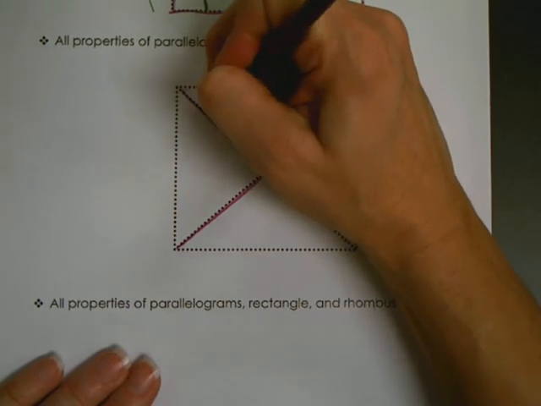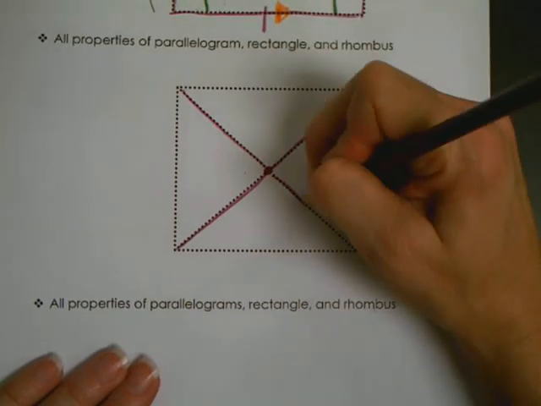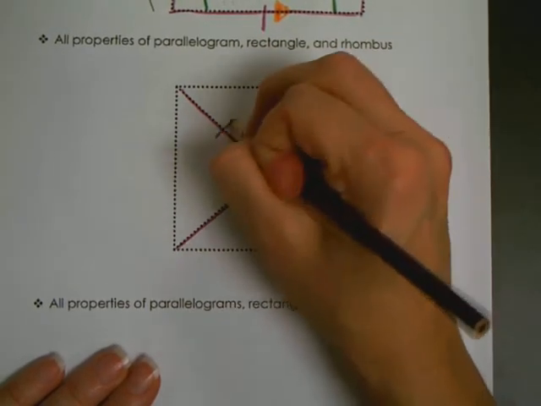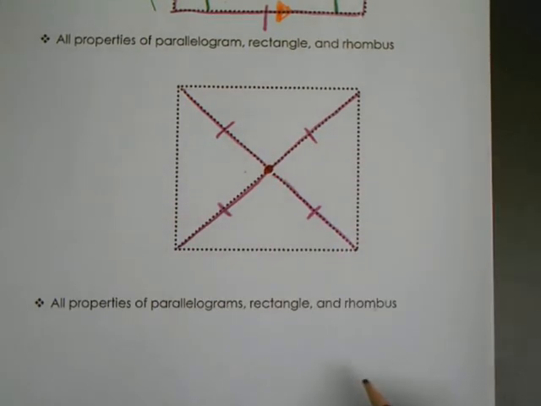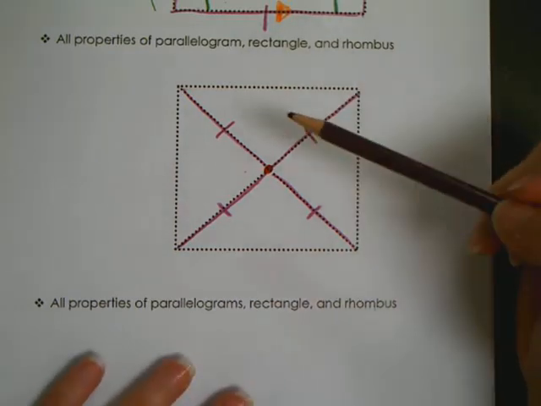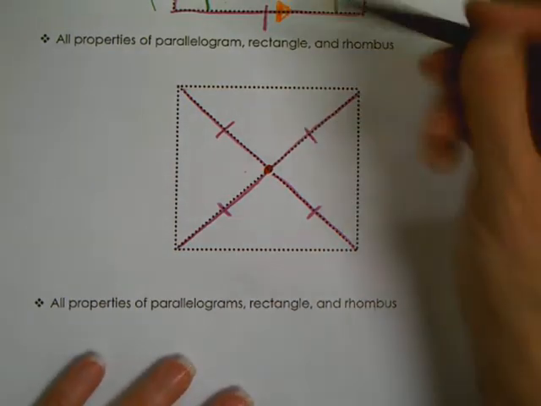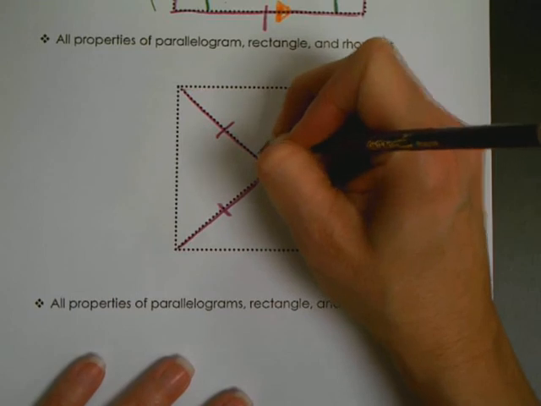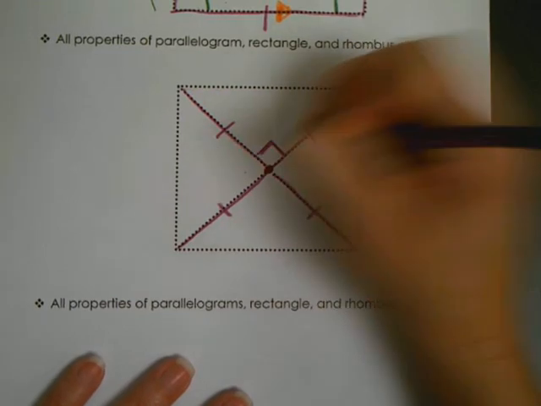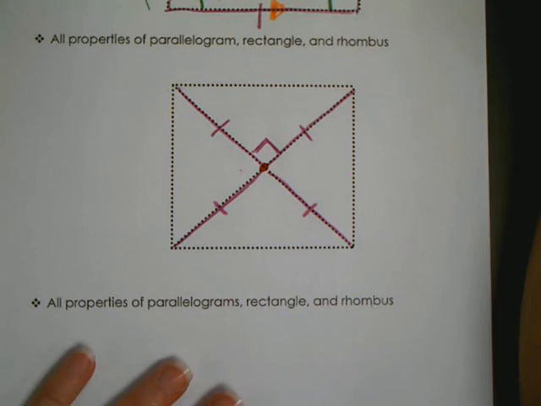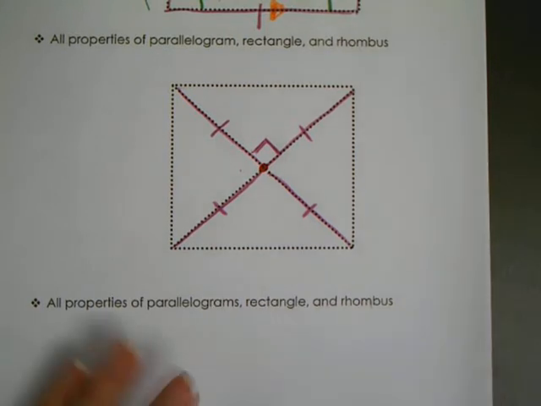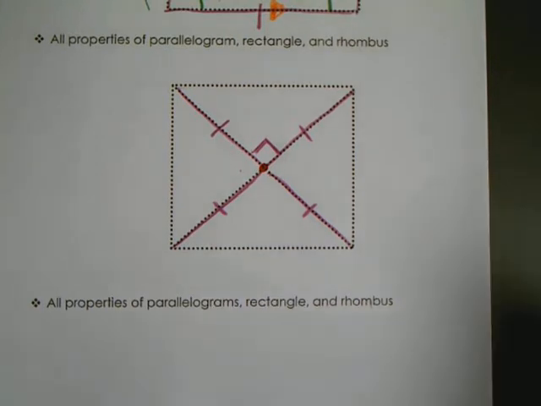So each one of these segments is congruent to the other. Uno, dos, tres, cuatro. All right. Oh, and what else do we know? In a rhombus, the diagonals are perpendicular. So let's put our little perpendicular mark here to show we've got right angles. Ah, yes, and you cannot forget the fact that our diagonals bisect the angles.